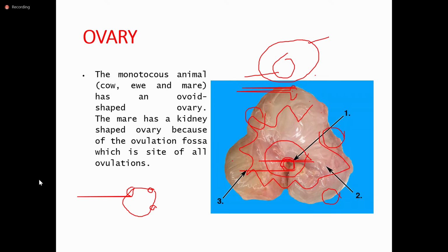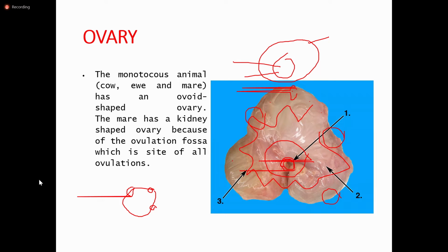Like in the cortex, we have different stages of follicles. Like we have the primordial follicle, the primary follicle, the secondary follicle, the tertiary follicle, and the Graafian follicle. Whereas for the medulla, the structures present here are the arteries and the veins or the blood vessel. We have also connective tissues for support, and then we have also the nerve supply.